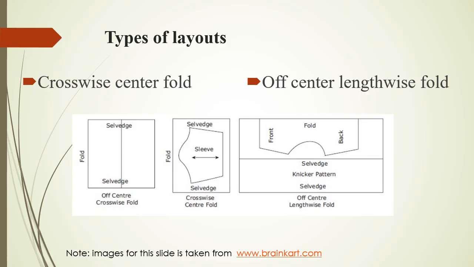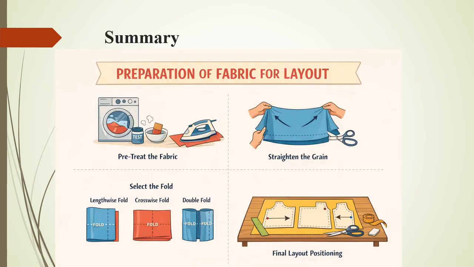This is also used when narrow pieces have to be cut on fold. It ensures the fold is parallel to the selvage: mark points measuring the required distance from the selvage at regular intervals and fold along the marking line. So this is about the types of layouts.